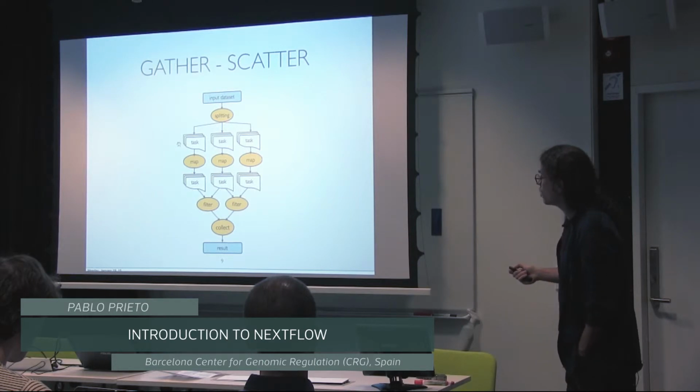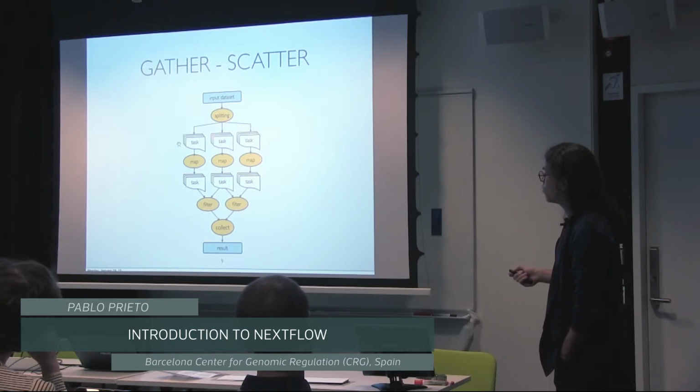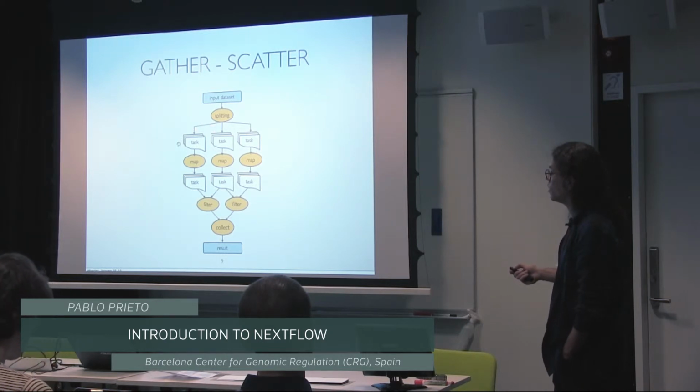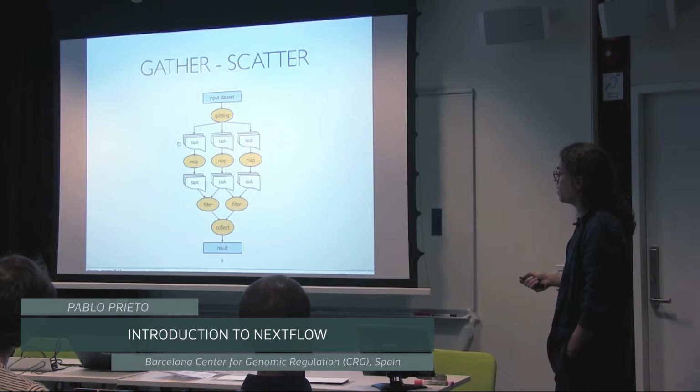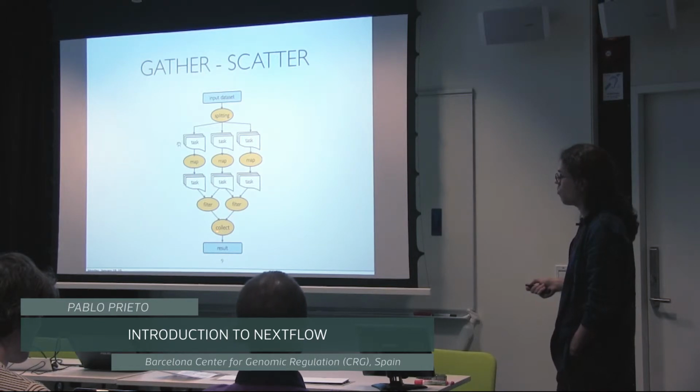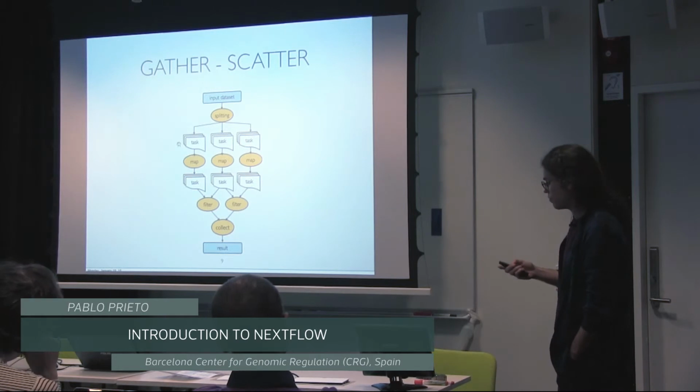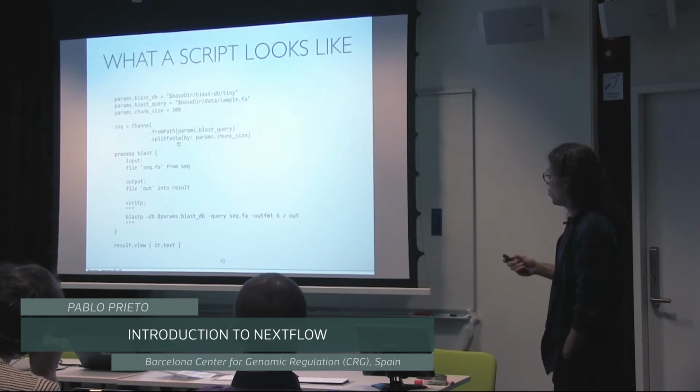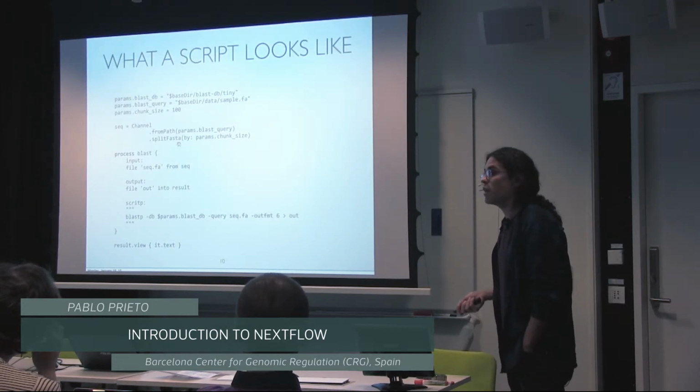And then this is going to go to all these processes, and it will automatically trigger the execution for each of these pieces that you have split, and it will go downstream, triggering all the processes of execution. And in the end, you can have all these filtering steps or collecting steps in order to merge and get your final results. And so what does a script look like in Nextflow?